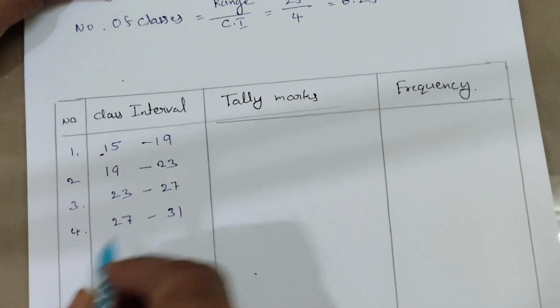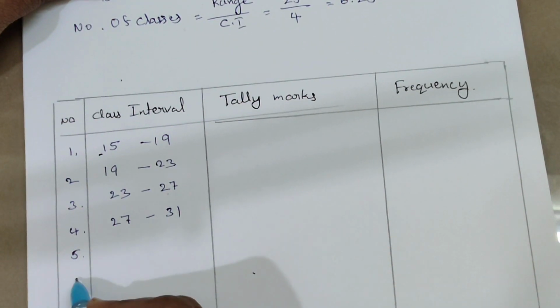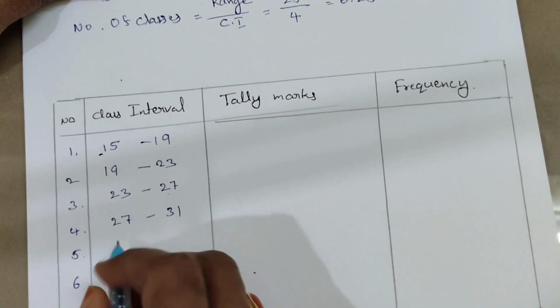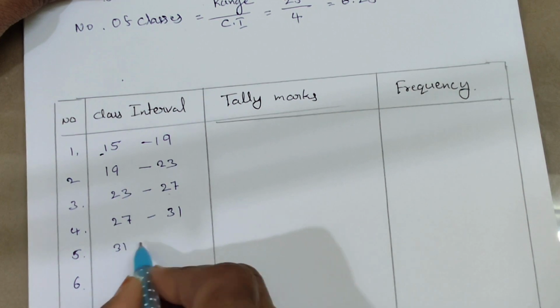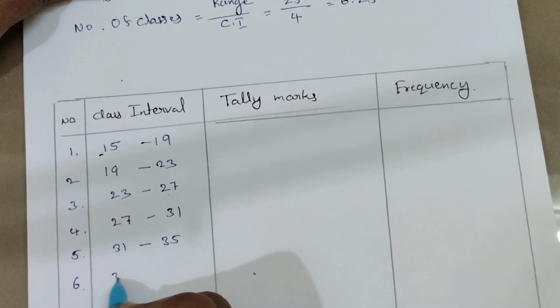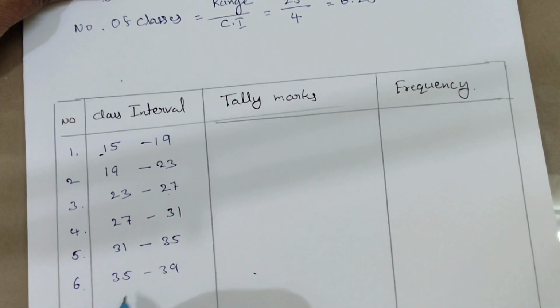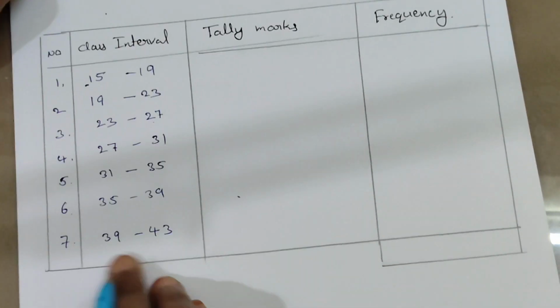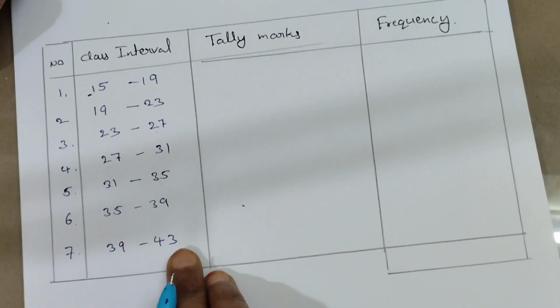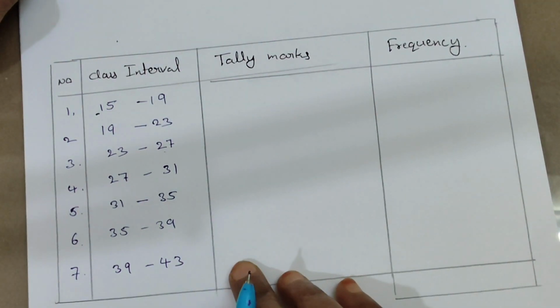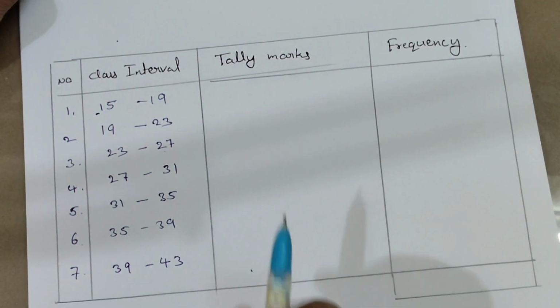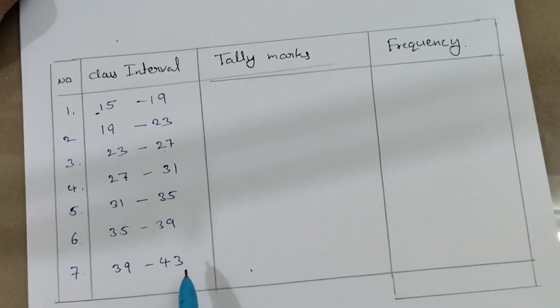Next fifth, 6th, 7th. Total we take 7 classes. 5th class is 31 plus 4, 35. Next 35 plus 4, 39. 39 to 43 is the last 7th class. So these are the 7 classes of class interval 4.